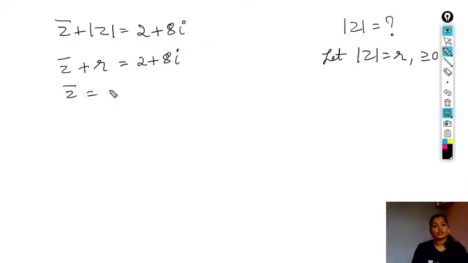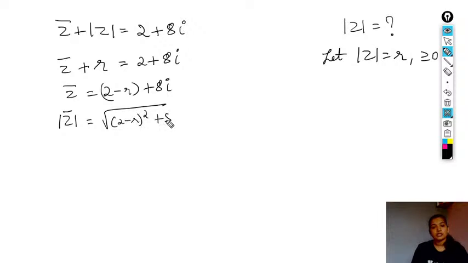You will have z conjugate as 2 minus r plus 8 times iota. So let's get the modulus of z conjugate now, and this is going to be root of 2 minus r the whole square plus 8 square. Even if you take the square of this, right? So we will have the values here as 4 plus r square minus 4 times r plus 64.